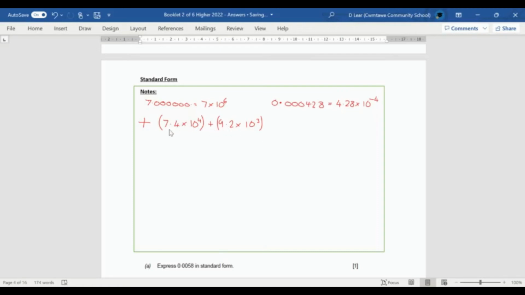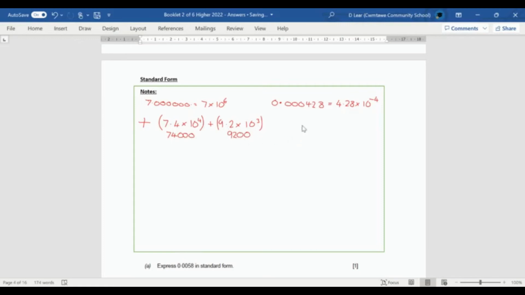I would bring this out of standard form, times it by 10 4 times. So 7.4 times 10 is 74. Second 10, third 10, fourth 10. And this one, 9.2 times 10 times 10 times 10. So both actually end up with 1 less 0 because the first times 10 is just moving the decimal point.